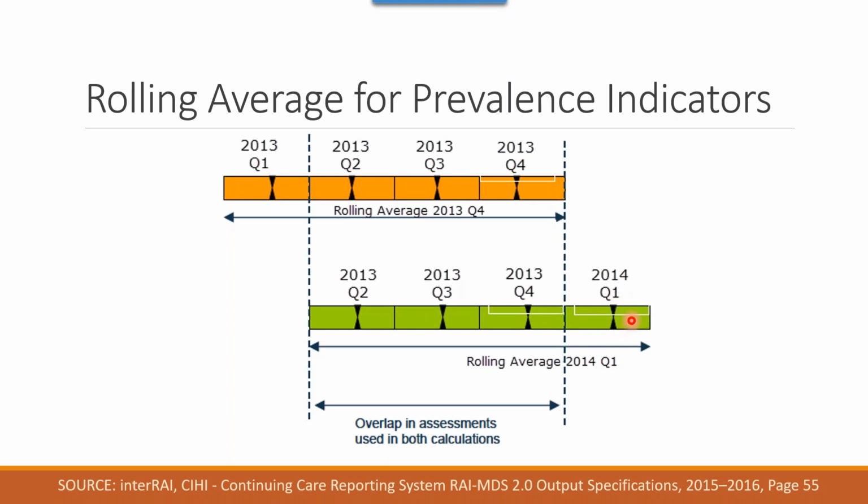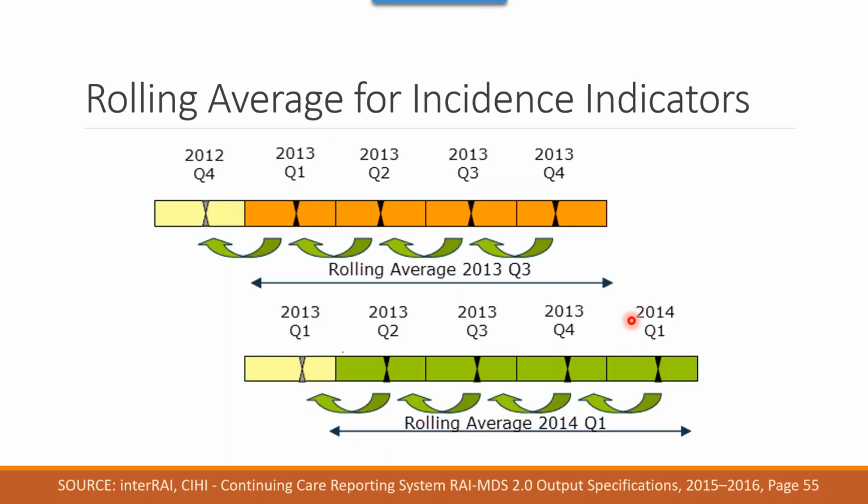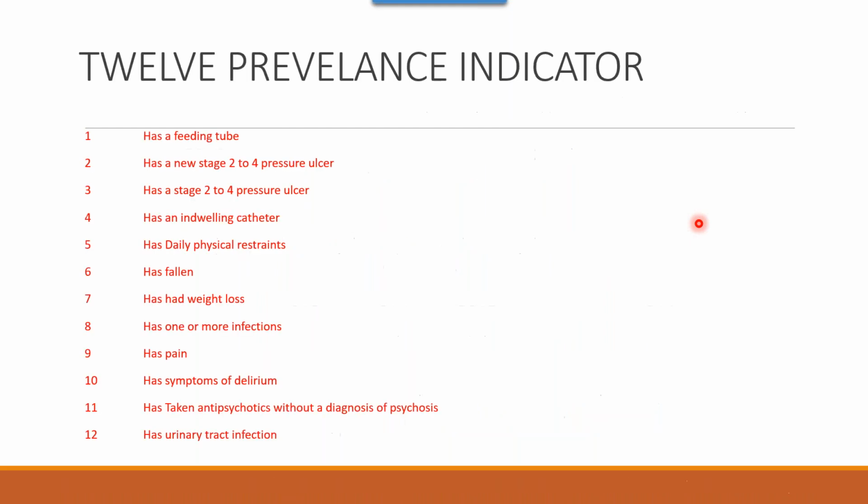The only difference between the prevalence indicators and the incident indicators is that we have to have this 5th quarter in the analysis so that this quarter can look back at that quarter. So there are actually 5 quarters involved, but the data used in the calculation is only from these 4 quarters. And that's what CIHI refers to when they say rolling average.